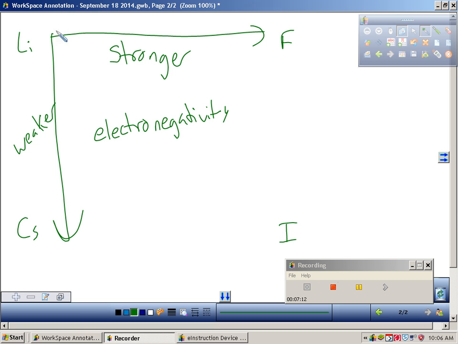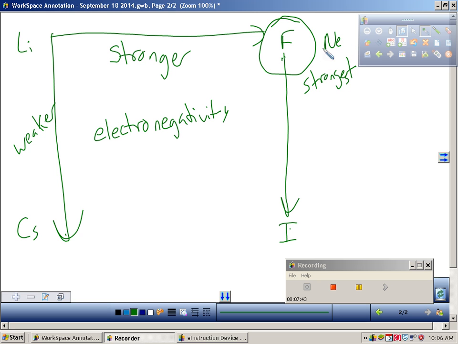Fluorine, right? Because we get stronger going across this way, so that means fluorine is stronger than lithium. And we get weaker going this way, so that means cesium is weaker than this, and iodine is weaker than that. So that means the strongest atom of all is fluorine. So if these guys get into a competition, a tug of war, this guy's going to win.